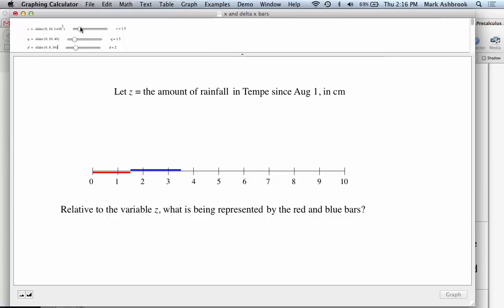Yes, sir? The amount of rain that has fallen up to 1.5 centimeters. Okay. The blue bar would be the prediction of the rain expected to fall. Could be a prediction. Okay. It's going to fall. Yeah, so we took a reading and Z was 1.5 centimeters. And that was since August 1st. And then what happened?